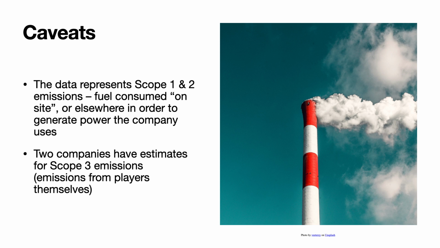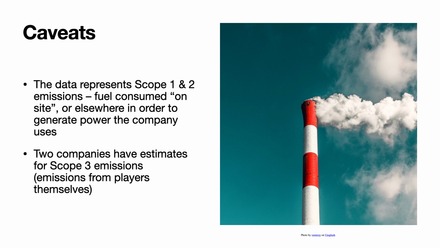Now, this is a greenhouse gas protocol reporting standard where it's only the fuel that the company itself uses, either on site or say in company cars, or it's fuel that has been burned, consumed somewhere else at a power generation site.